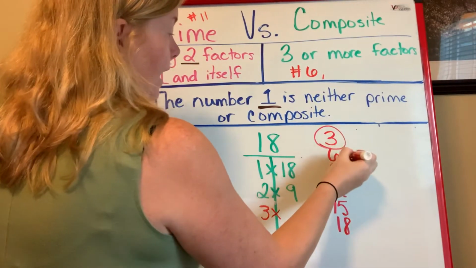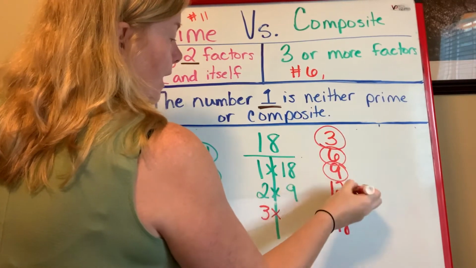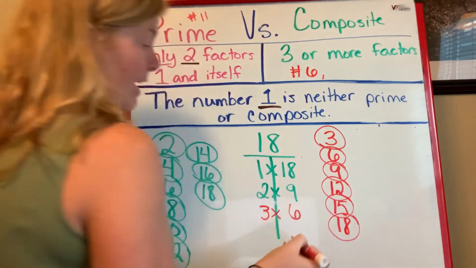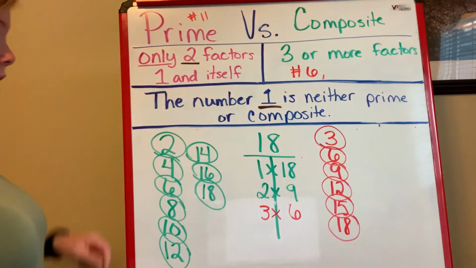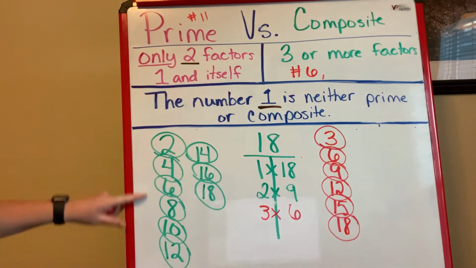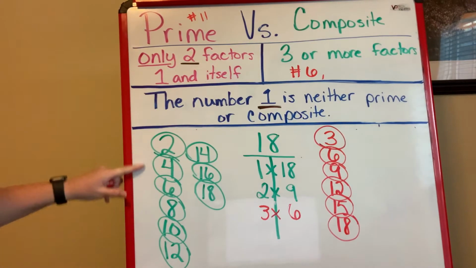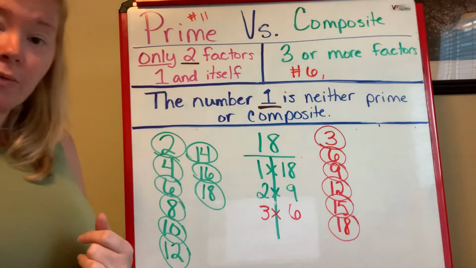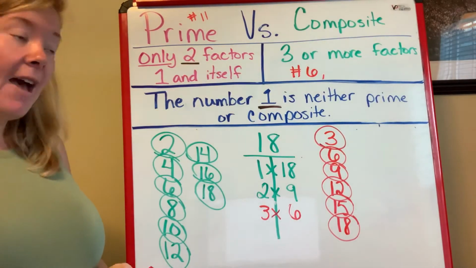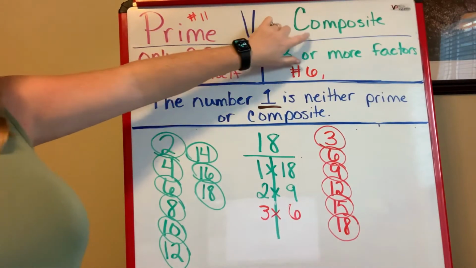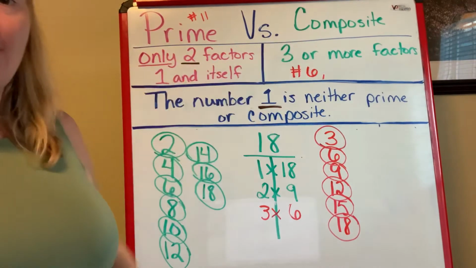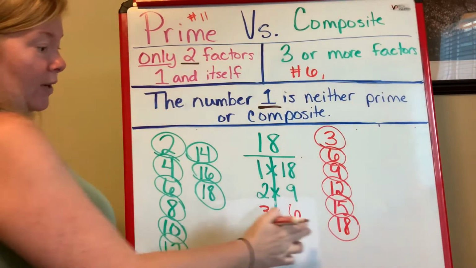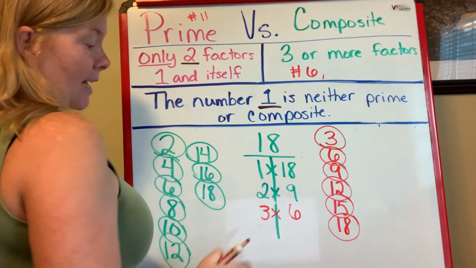I did it 1 time, 2 times, 3 times, 4 times, 5 times, 6 times. I did it 6 times. We taught you about multiples first, then factors, and now we're teaching you how to determine if a number is prime or composite. We tested them, and we found out 3 times 6 works.